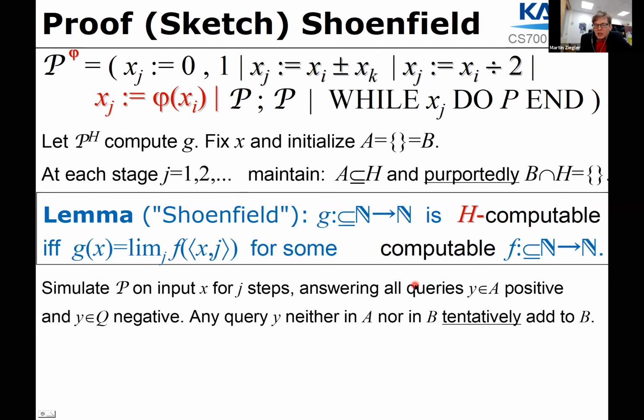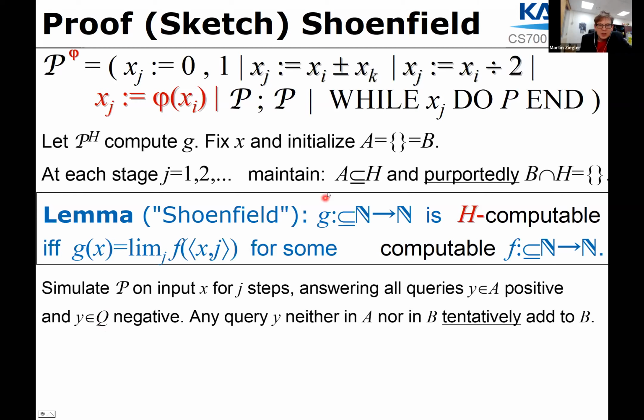Instead, it checks whether the given query, the argument to the function, belongs to capital A. If so, it answers positively and lets the program continue with a positive answer. And those that belong to B are answered negatively, and then the program continues.